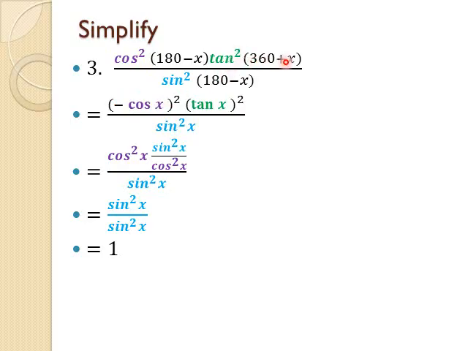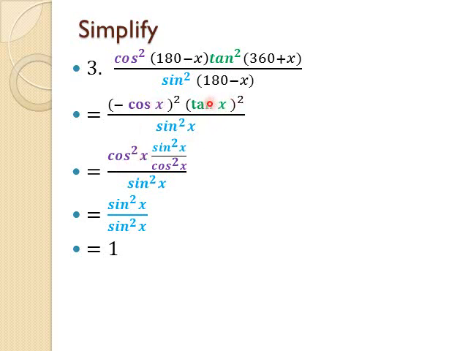There, tan squared 360 plus x, 360 plus x falls in the first quadrant, so that is positive tan x, but there again, as you see, I can move the square outside. 180 minus x for second quadrant, so sine is positive there, and that becomes sine squared x. There, negative times negative, positive, cos x times cos x, cos squared x.